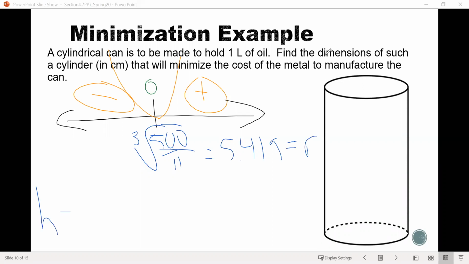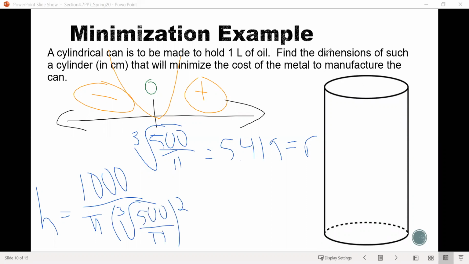And then to find h, we can go ahead and plug this value into that formula we had for h, which was 1,000 over pi times r squared. So we do the cubed root of 500 over pi, squared.